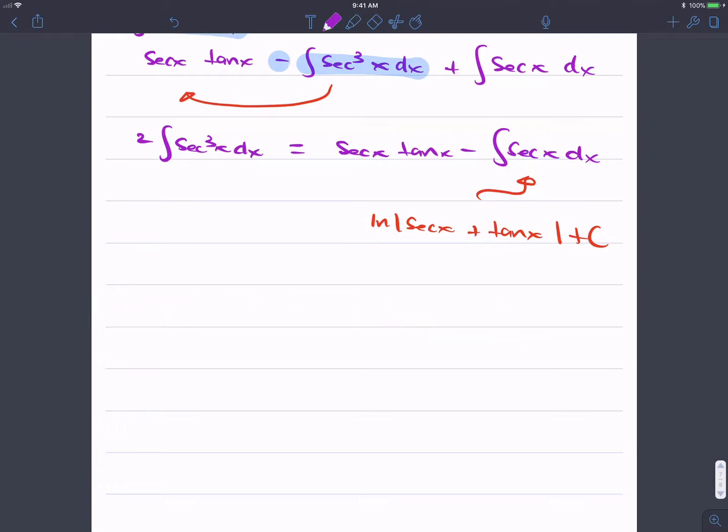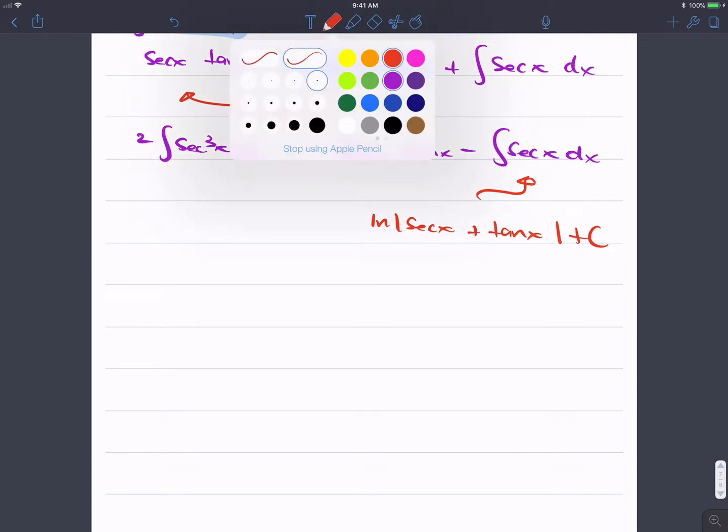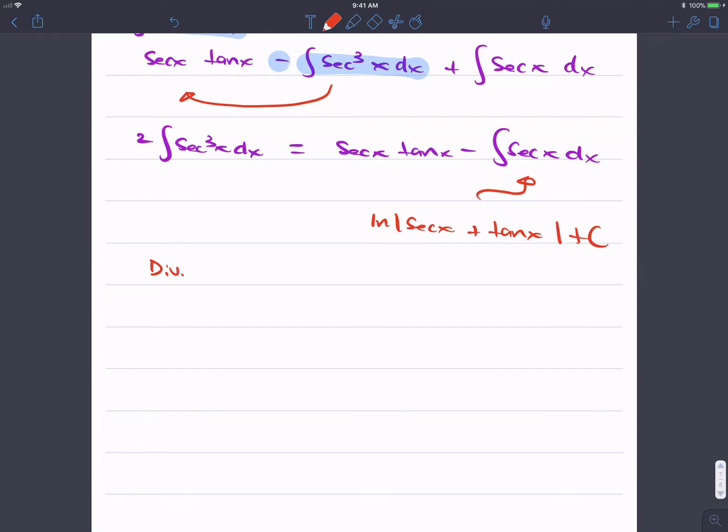Let's just divide both sides, and I'll put it here in red. Divide both sides by 2. This side by 2, and this whole other side by 2. Okay, we're running out of space here.